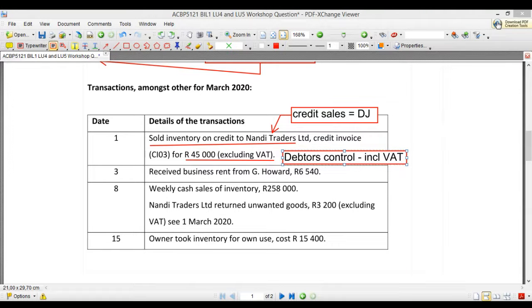Okay, so Lino says we take the amount and we multiply it with 1.15. Alternatively, you could have also multiplied it with 115 and divided by 100. So that is correct, Lino. So let's go capture this in our debtors journal.